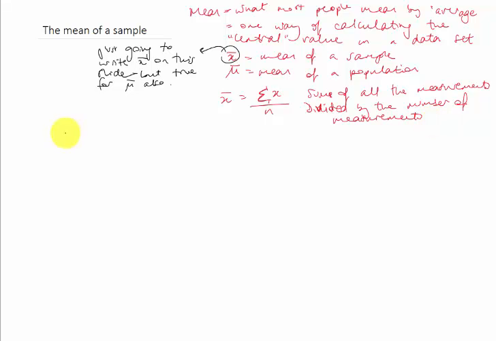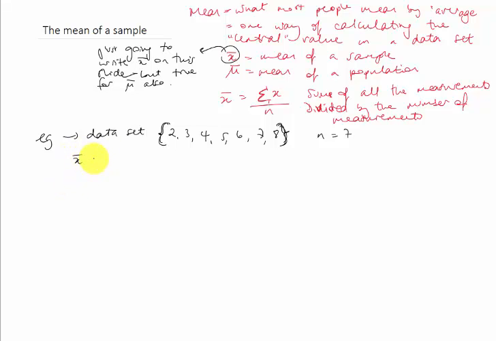So I'm just going to show you a couple of examples. How about this data set? I've got my curly brackets around the different values: 2, 3, 4, 5, 6, 7 and 8. Close the curly brackets. So there are 1, 2, 3, 4, 5, 6, 7 measurements, so n is 7.